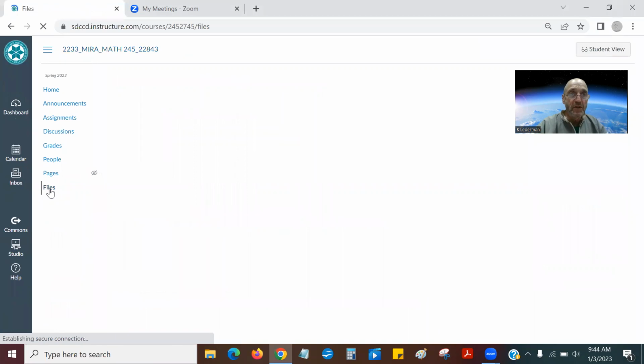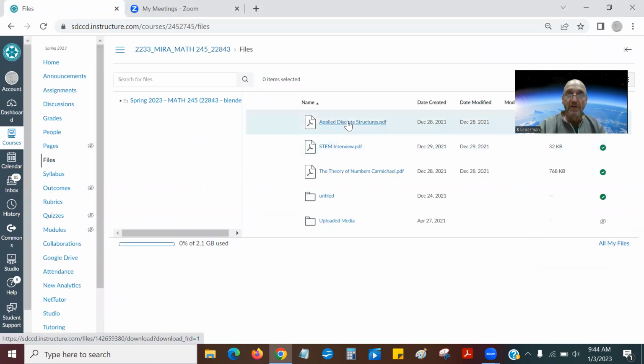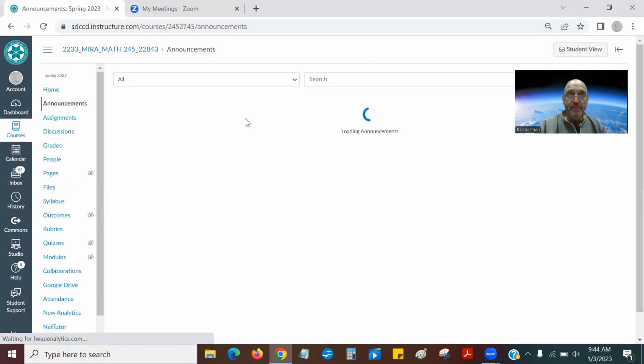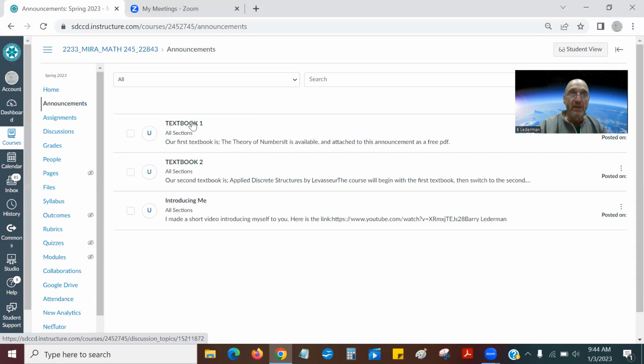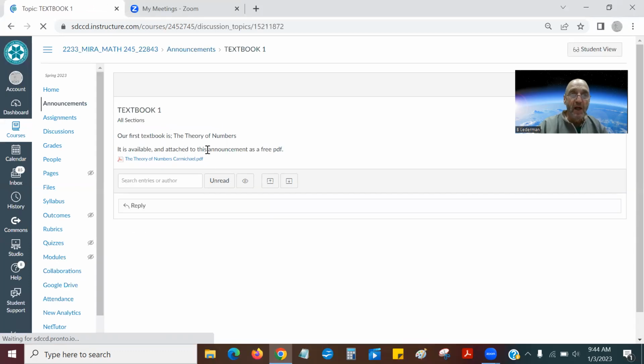We're going to be using not just one, but two textbooks. I put them in here under files: Theory of Numbers by Carmichael and Applied Discrete Structures. This here is a project, which I'm going to talk about also today, but we'll get to that later. I also put it into the announcements. Here's textbook 1, which is about the theory of numbers, and it's attached.